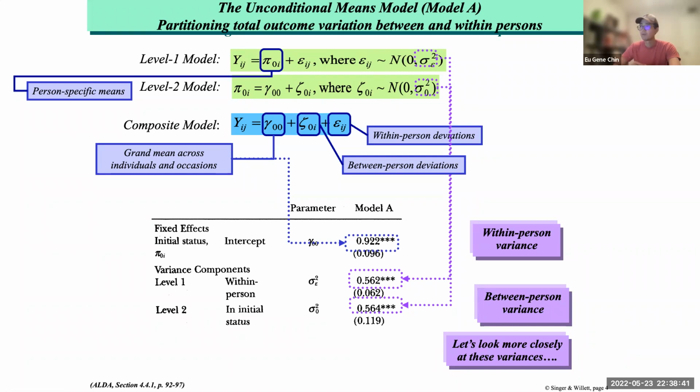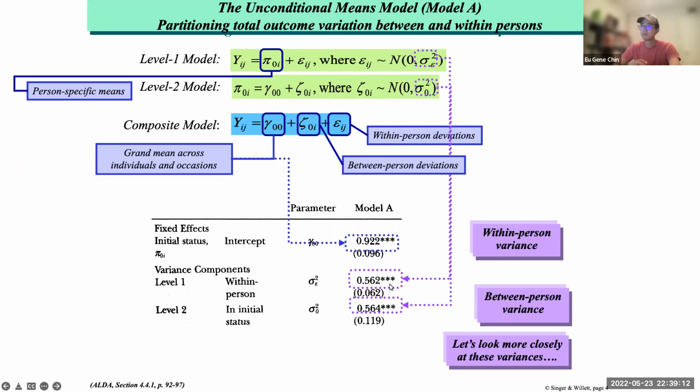And then we have the within person variance components and the between person variance components. Sigma with subscript epsilon over here represents the within person variance, coming from the level 1 submodel. And then sigma with subscript 0 represents the between person variance.